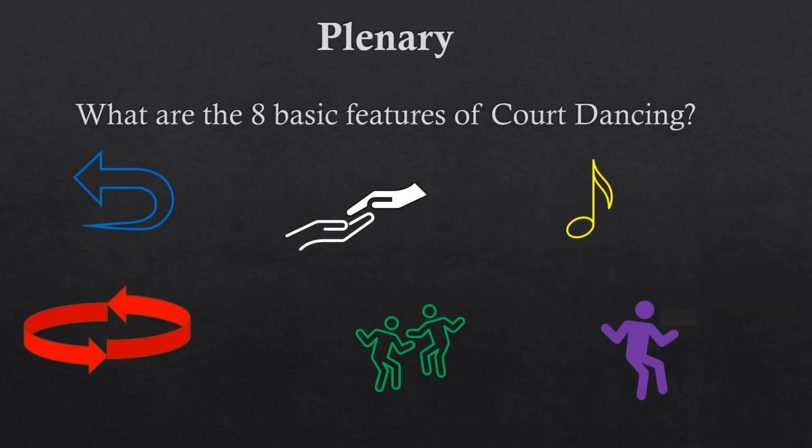Okay guys, just pause the video here if you are not ready to move on to the plenary yet, if you're still answering the question or you forgot to pause it originally. Carry on with that question if you need more time. But for everybody else, the plenary we're going to do today is recapping what the eight basic features of court dancing are. So we've got the two that aren't on here, which were the first two that we looked at.